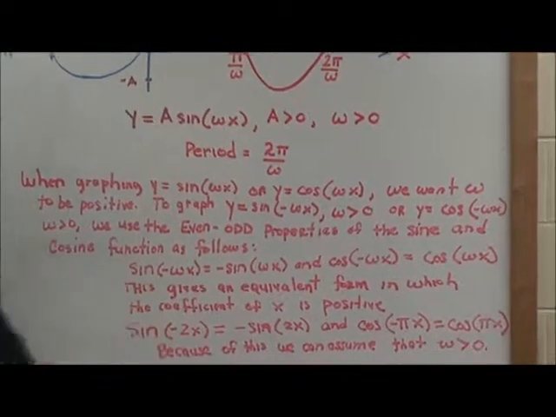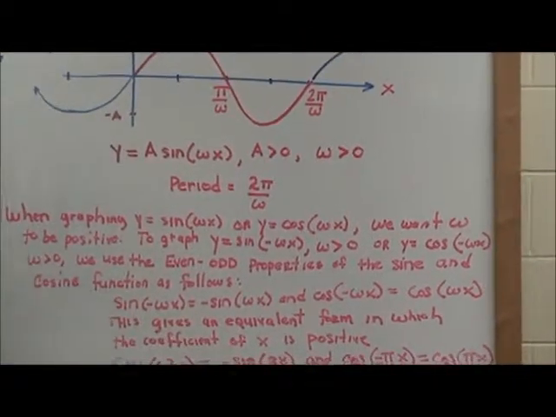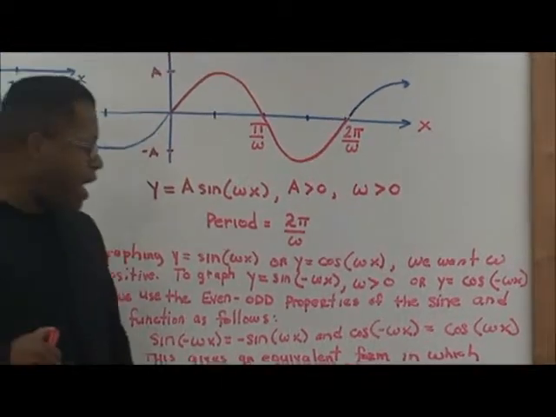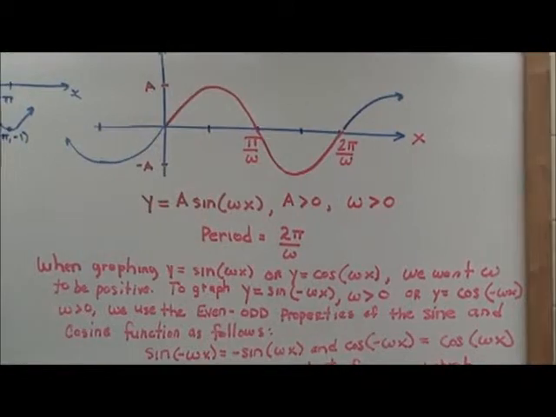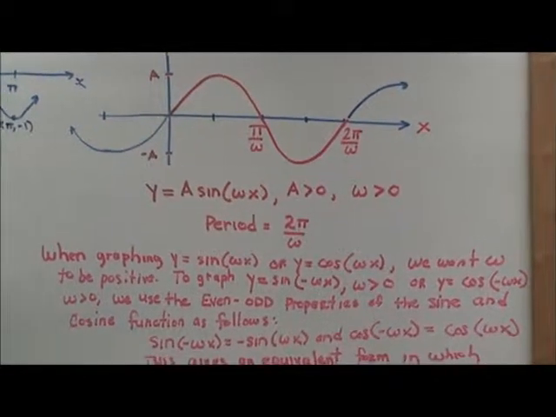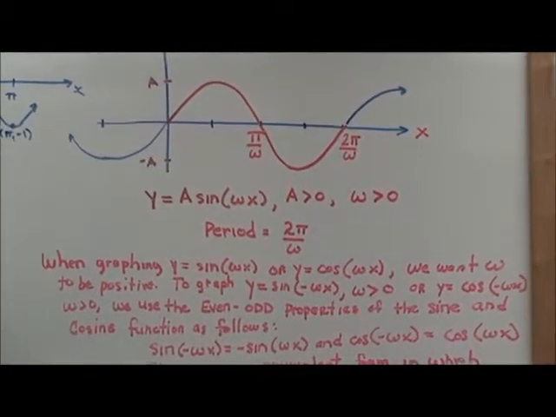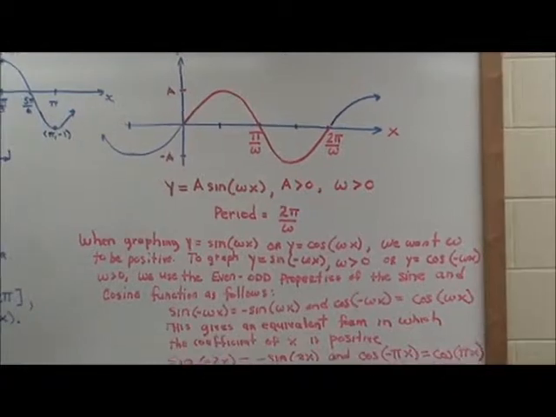And then sine of negative 2x is equal to negative sine of 2x, and cosine of negative pi x is equal to cosine pi x. Because of this, we can assume that omega will be greater than 0.